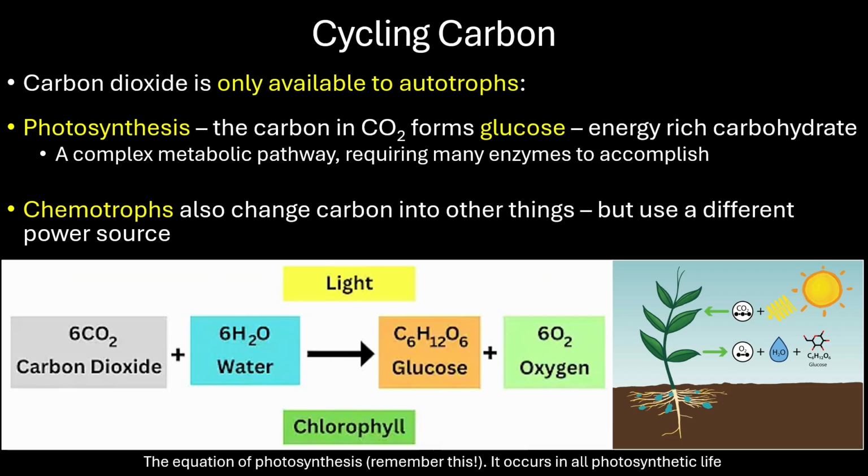This is a process in which these organisms will take carbon dioxide from the atmosphere and react it with water and sunlight and a variety of enzymes that facilitate this process to transform that, to take the carbon and rearrange it into a new form, that form being glucose, a very energy-rich carbohydrate.